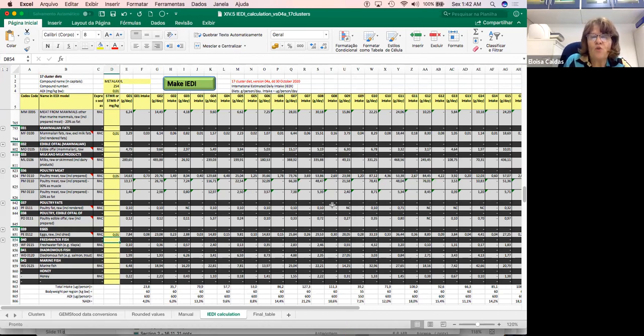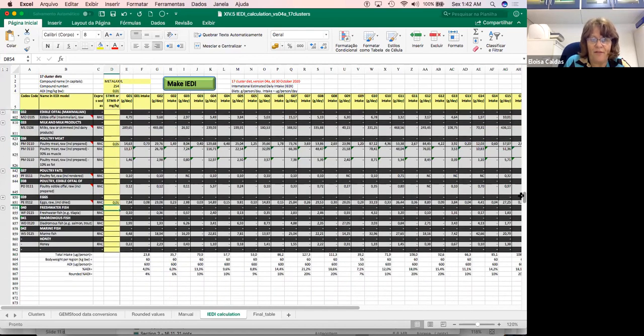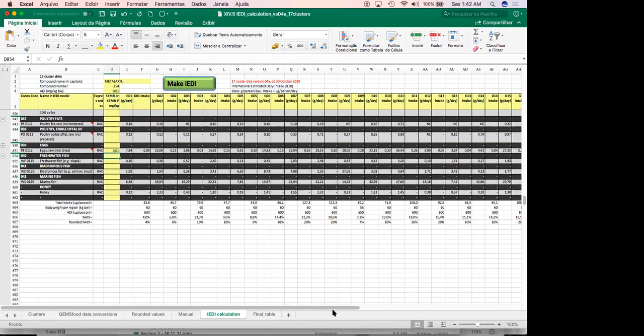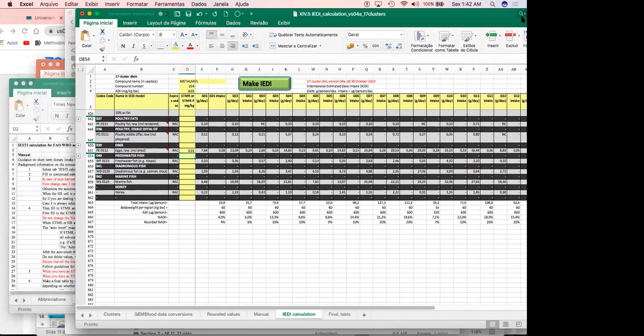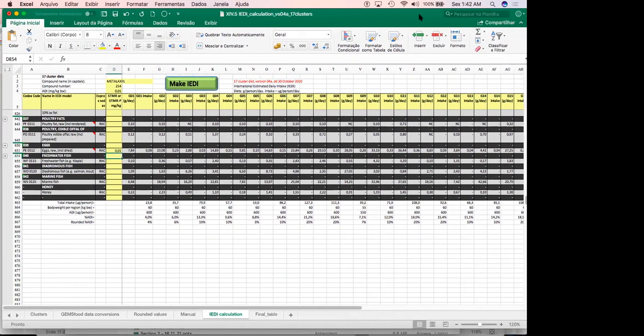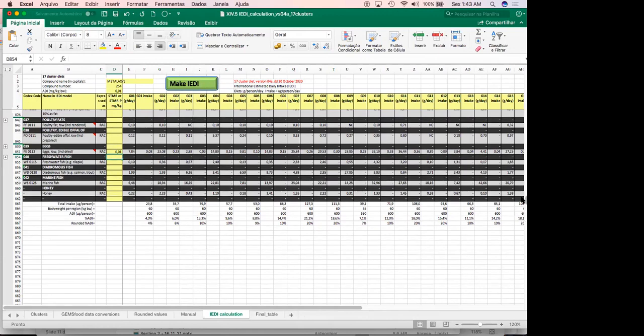Okay. So after you enter all the numbers that you have consumption data for, then you have, sorry, because here I don't see the make a table. Oh, it's here, sorry, I'm confused.